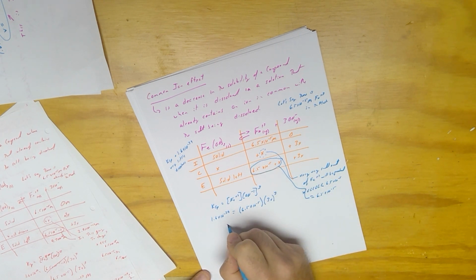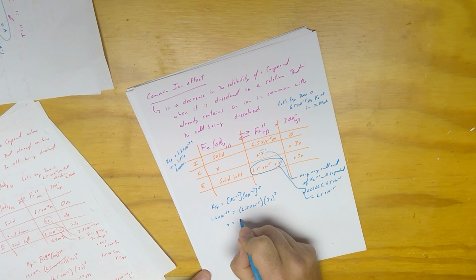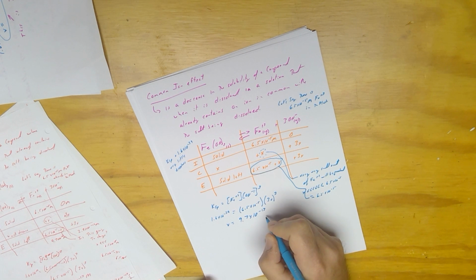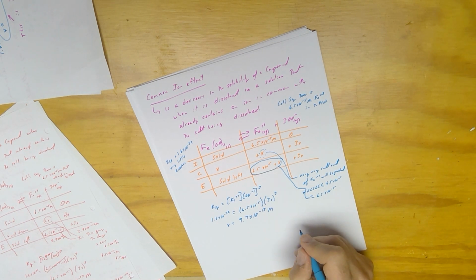When we do this math, we have x equal to 9.7 times 10 to the minus 13th molar.